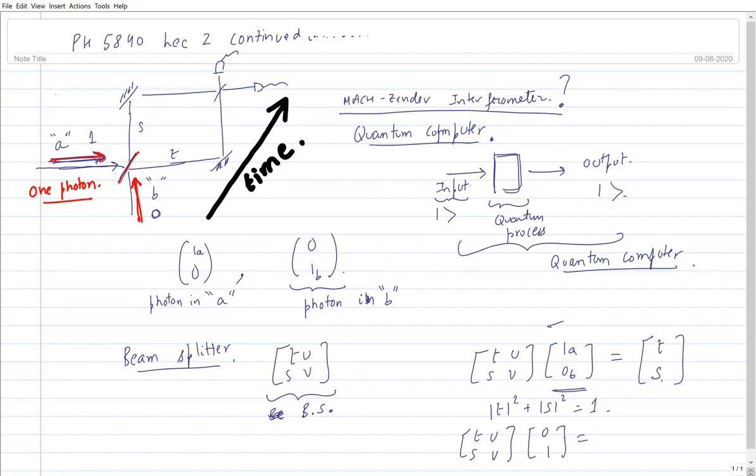And that's going to give me U and V. That's what is demanded by unitarity.